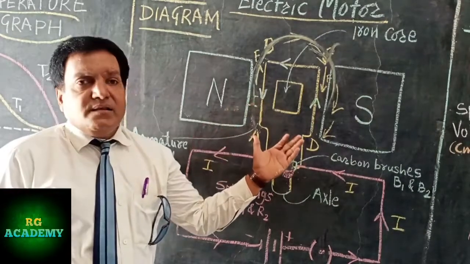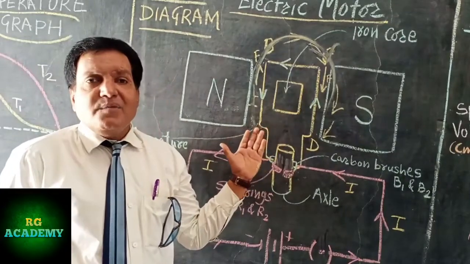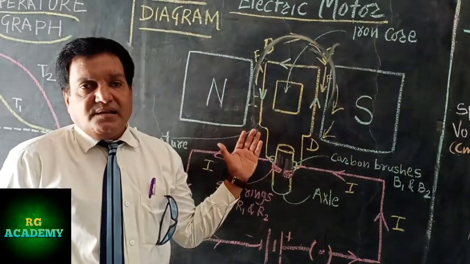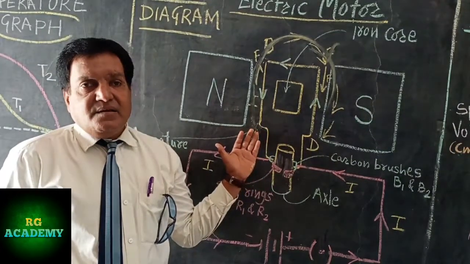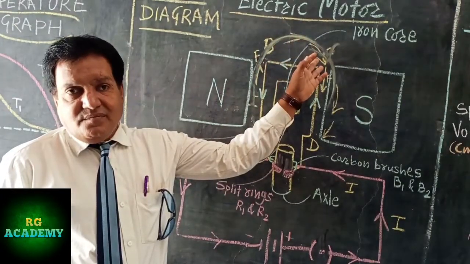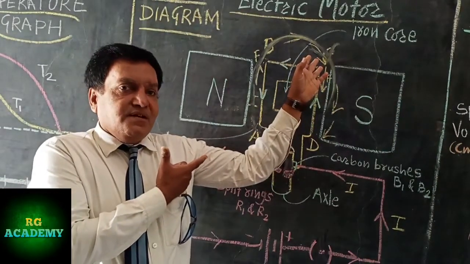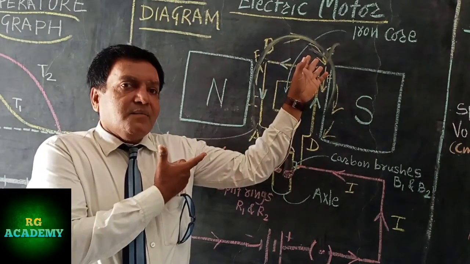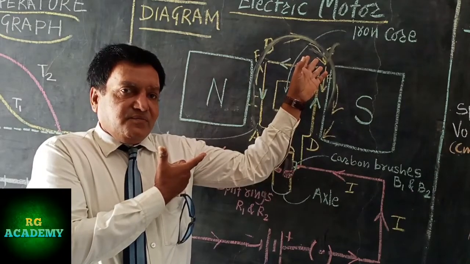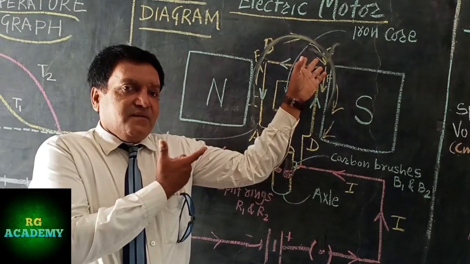So this coil starts rotating now, and this will happen until the arm AB is vertical. If you remember Fleming's left hand rule, a current carrying conductor placed in a magnetic field experiences a force.